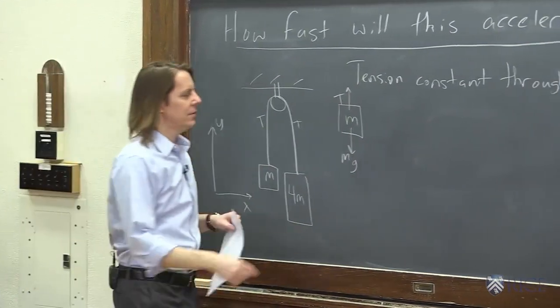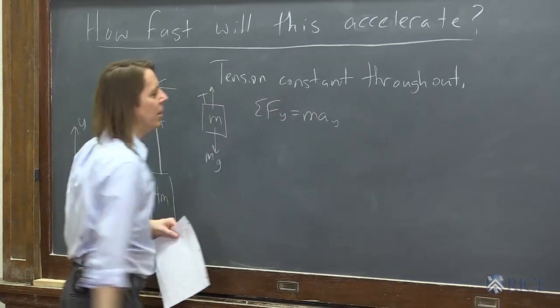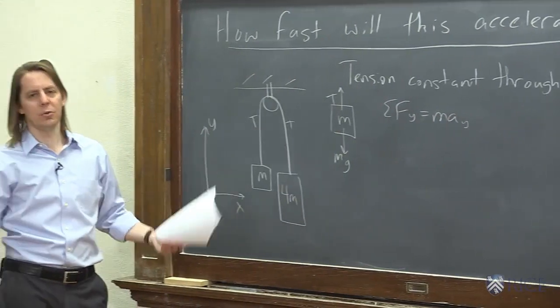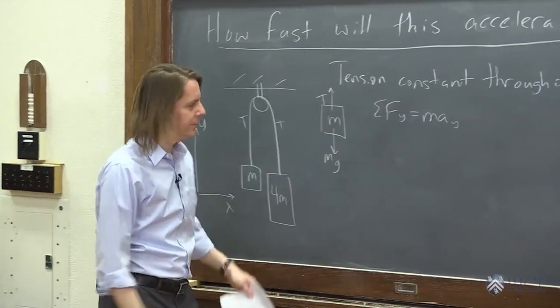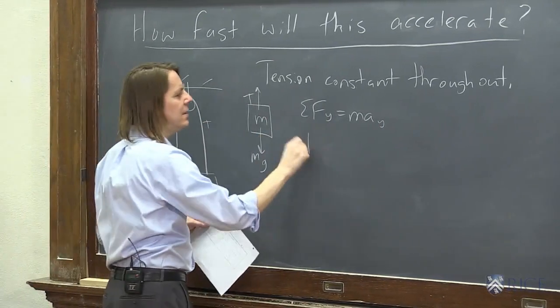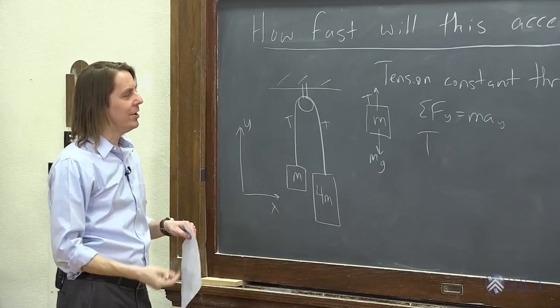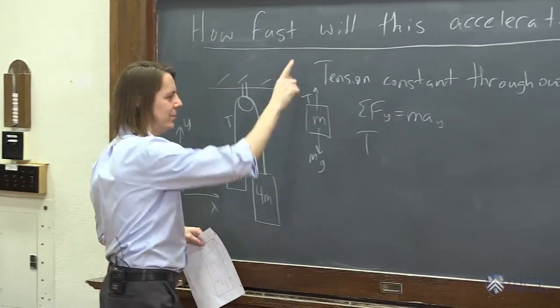So we could write the sum of the forces in y equals mass times the acceleration in y. If you're ever just completely lost on how to do a problem, just write Newton's second law. It's probably the first step. So the forces in the y: we have tension T up, because the string doesn't have tension but it applies a tension force to an object, and so here it's up.